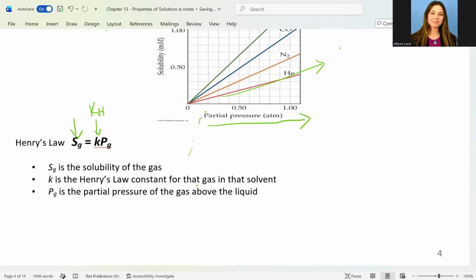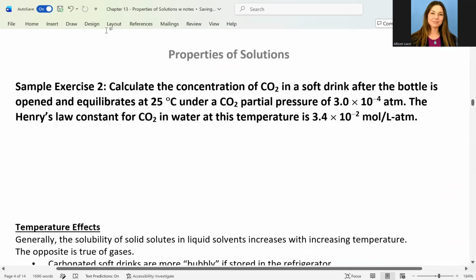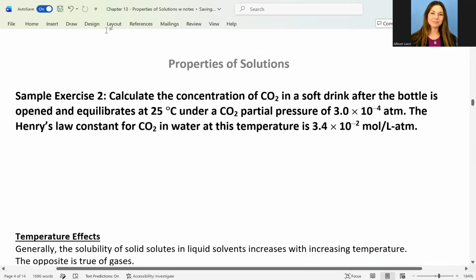So this is a very specific constant. Times the P sub G, here is the partial pressure of the gas above the liquid. So that would be what we were increasing here, the gas above our liquid. So let's see how we can use this equation in sample exercise 2.